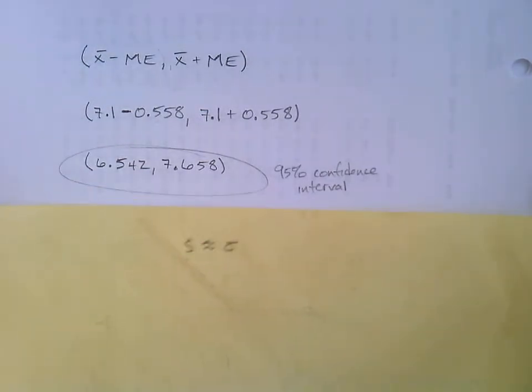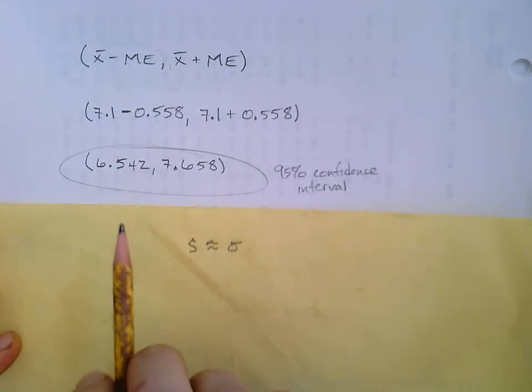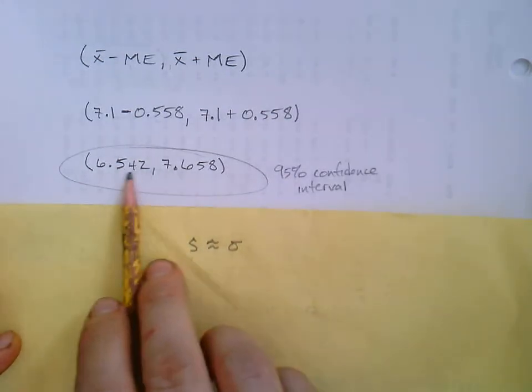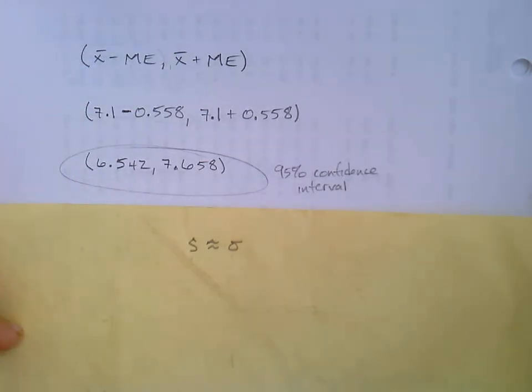We are 95% sure that the actual population mean for the number of hours people are sleeping at night is somewhere between these two values here, which is really powerful, right? So all we did was randomly select 10 people. That really shows you how critical it is that those 10 people are randomly selected.